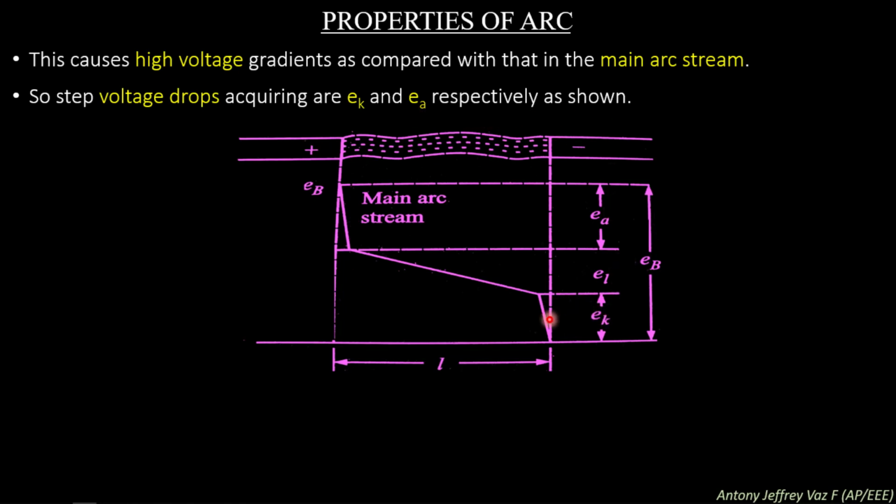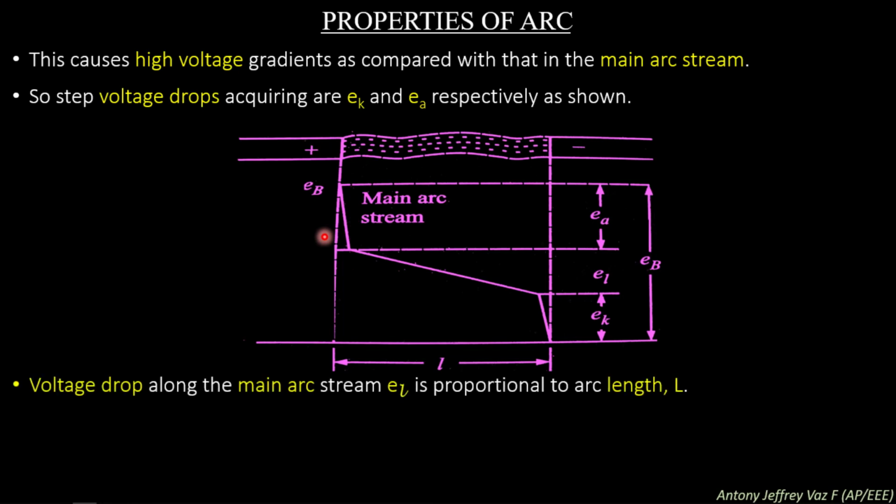Here is the voltage drop EK along the cathode of the circuit breaker, and here EA is the voltage drop along the anode. The voltage drop along the main stream is EL, which is the difference between the cathode voltage and the anode voltage of the contact.